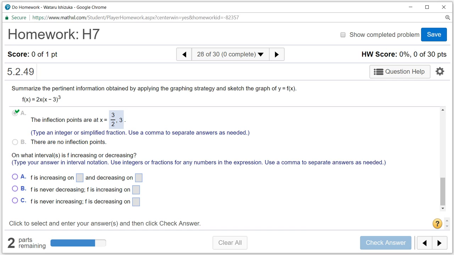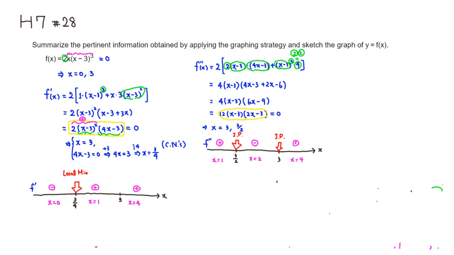On what interval is f increasing or decreasing? So let's go back to the first derivative. If you look at the original function, based on the given sign, the first derivative is negative, so this means that it's decreasing here, and positive, so it's increasing here, and here it's still positive, so increasing here.